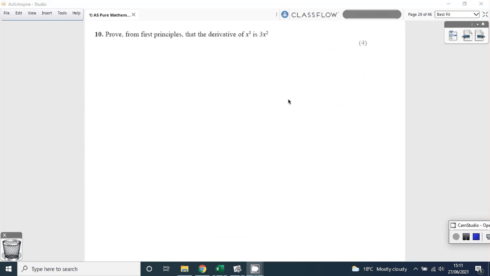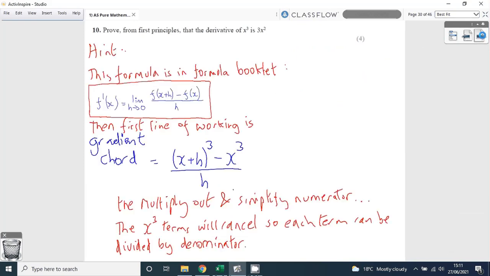Question 10. So the hint is to follow the formula booklet, which tells us this here. Our first line of workings is to substitute into this formula, where our f of x is x cubed.